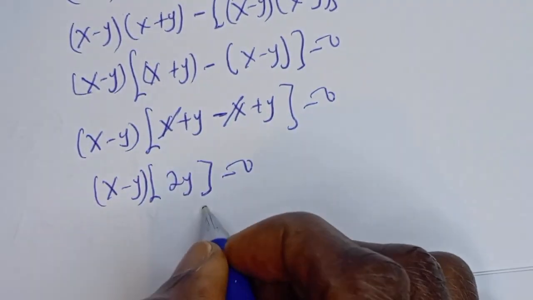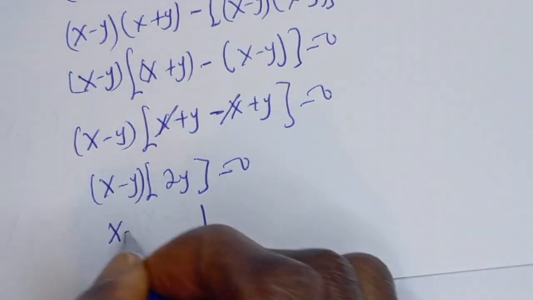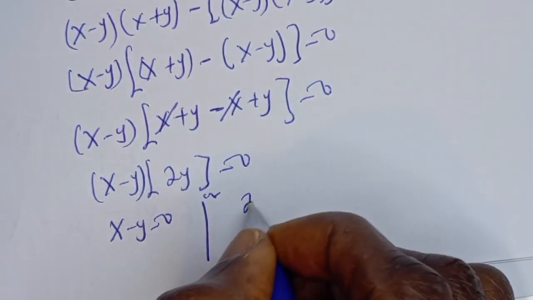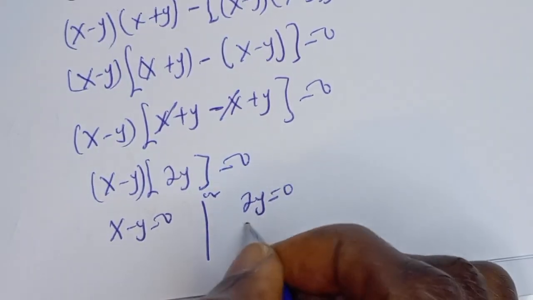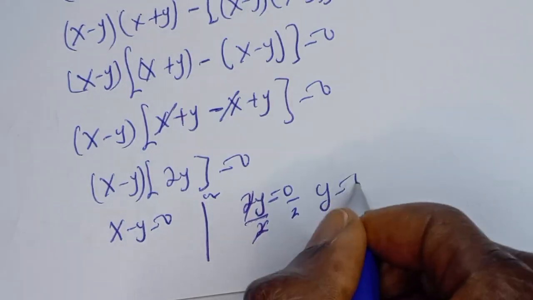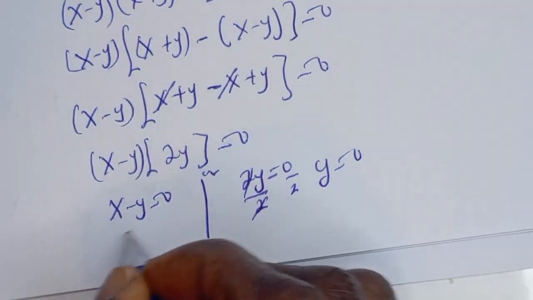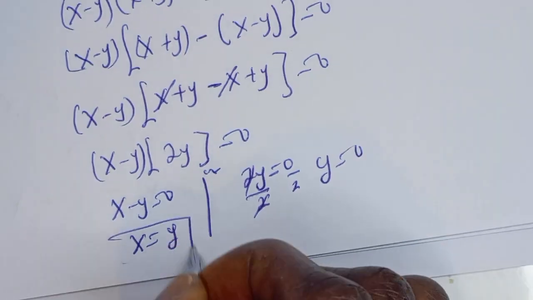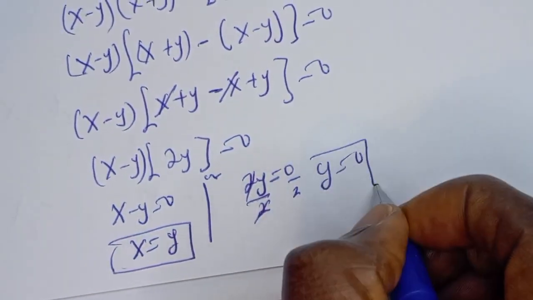Then from here, there are two cases. The first case is x minus y equal to 0, or the second case, 2y is equal to 0. If you divide this by 2, this will cancel this. y is equal to 0. And from here, x is equal to y, which is also the same answer.